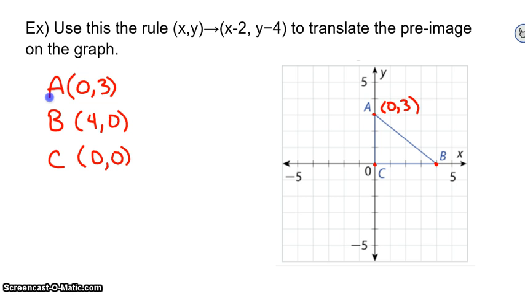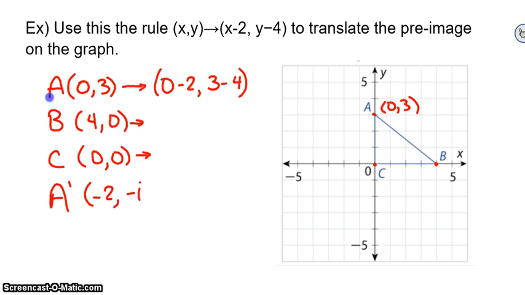What we're going to do is take this pre-image of ABC, and use the translation from above to change it into its image A prime, B prime, C prime. For each one of these coordinates, I'm going to use the rule x minus 2, so 0 minus 2, and y minus 4, which in this case is 3 minus 4, to come up with the new ordered pair, A prime, which is at (-2, -1).